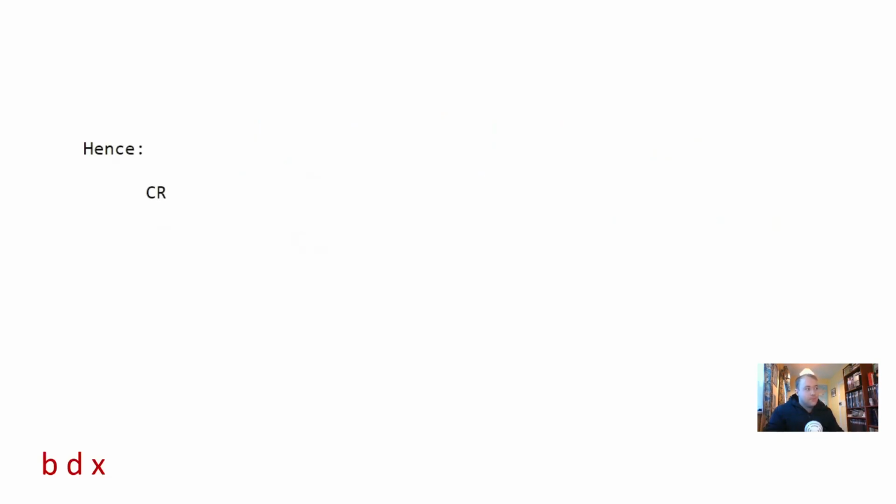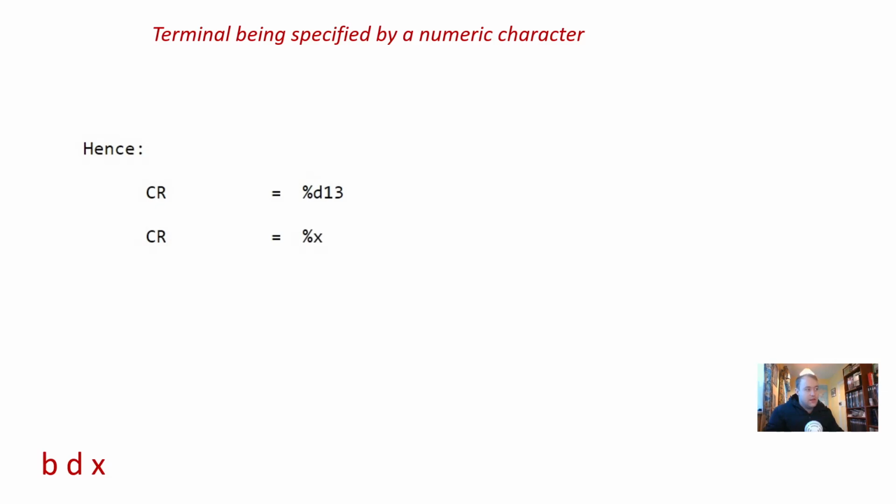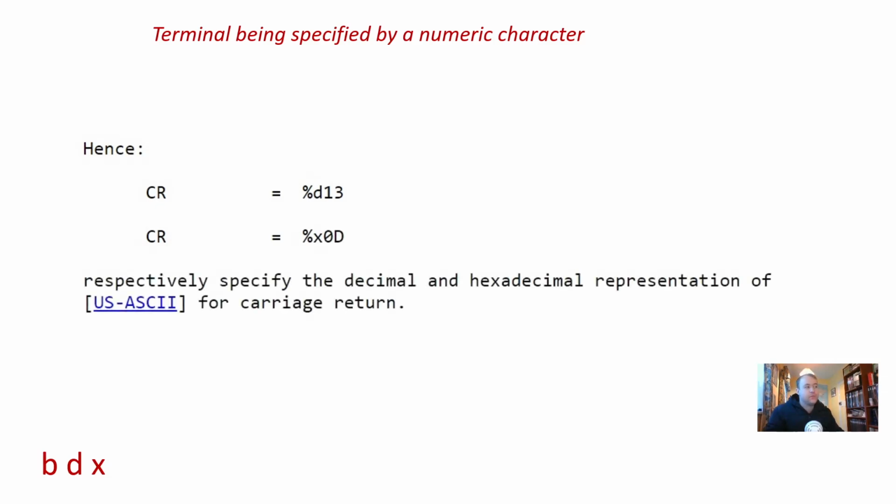So we might have CR. That's a rule name because it's to the left of the equals. And then we'll put percentage D 13. So here what we're looking at is a terminal being specified by a numeric character. Let's look at another line. Percentage X 0D. Do we remember what that is?